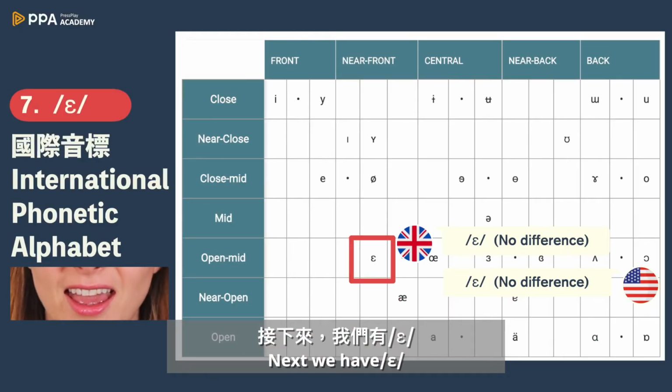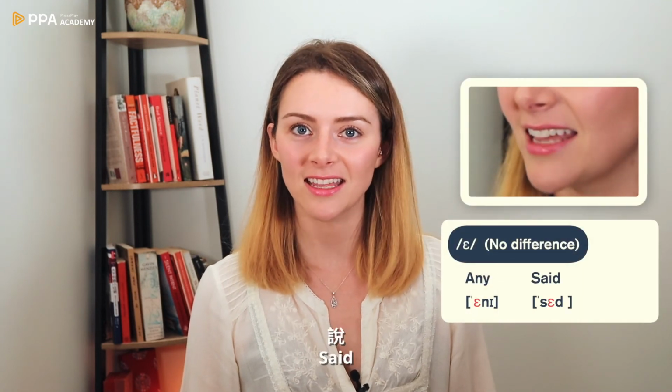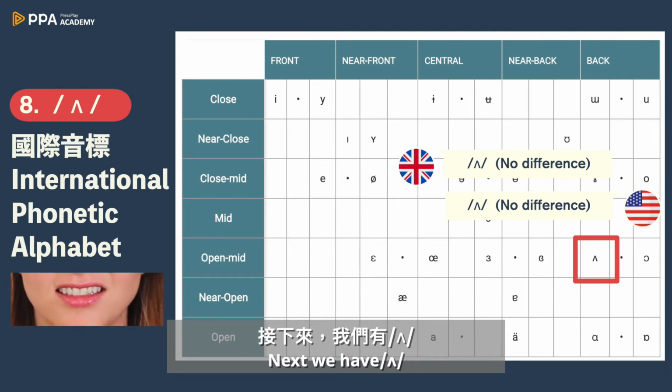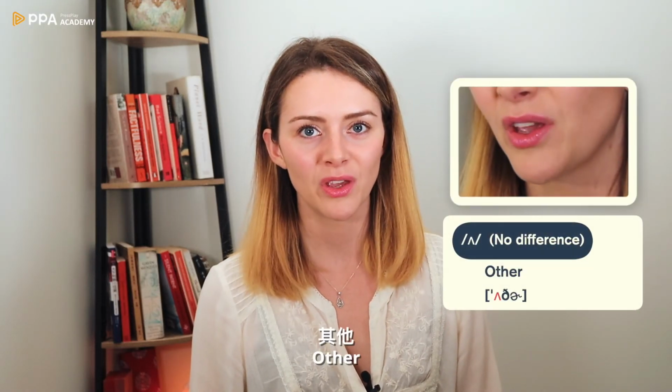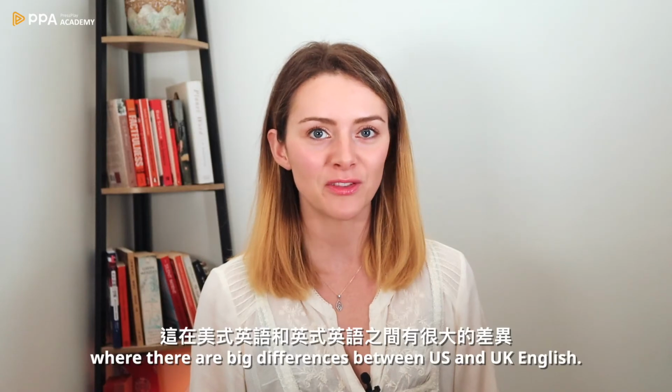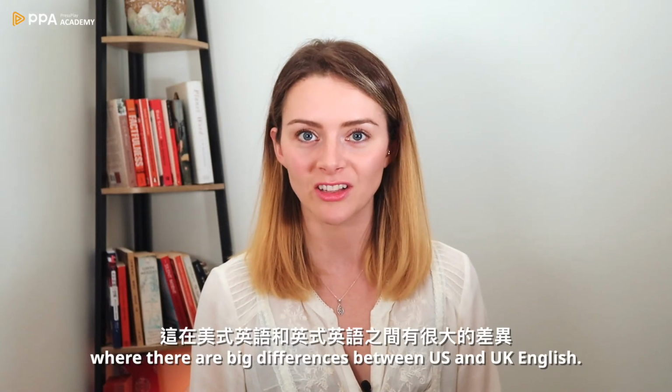Next we have the vowel in any, said, bed. Next we have the vowel in other, one.